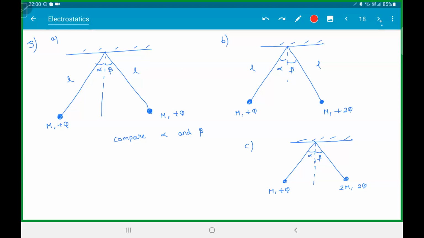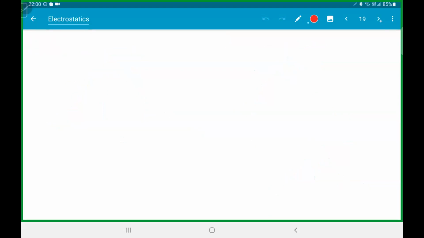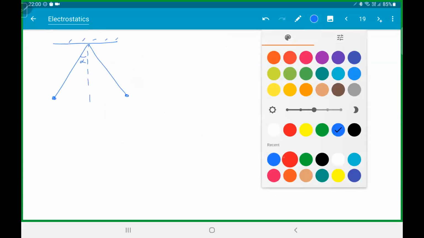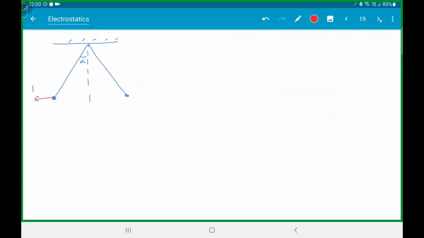See, everyone. I can even ask you to find alpha and beta. If this is alpha, if you look at the forces between them, this is the repulsion force. Let's call the string length L. This is mg.